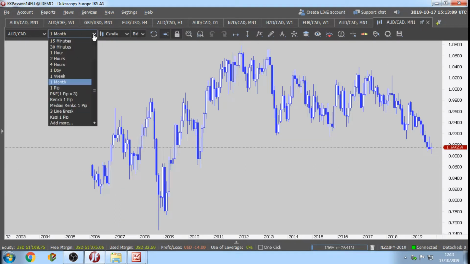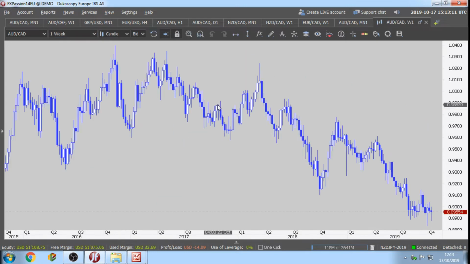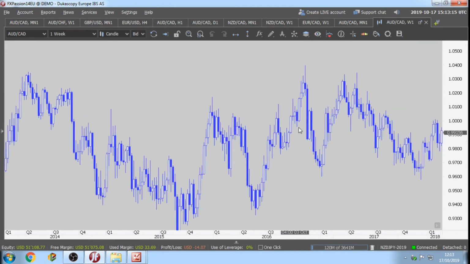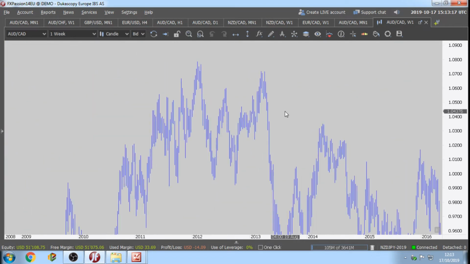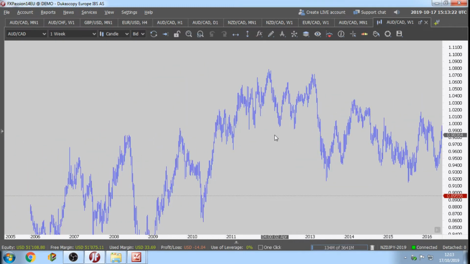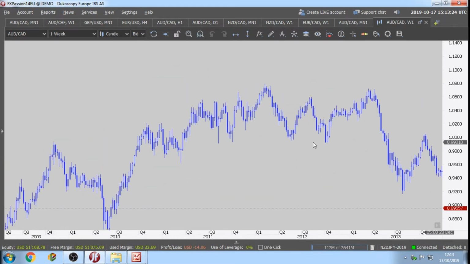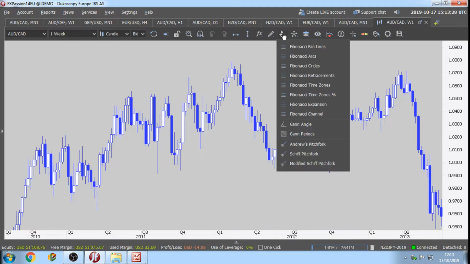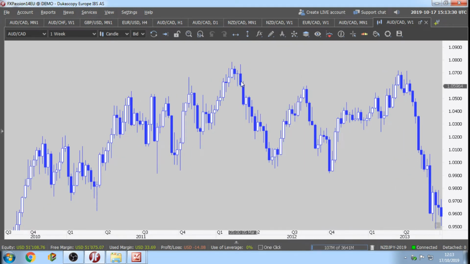Now we're going to open AUD-CAD weekly chart and do this exercise again. So let me compress the chart, there you go. This is the starting point. So Fibonacci retracement tool, A to B, right?